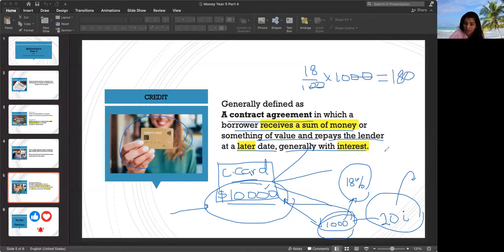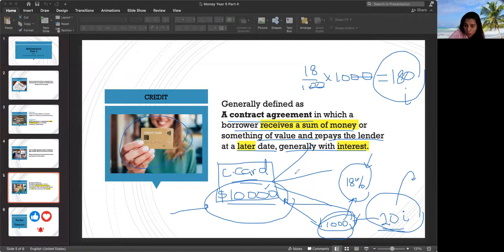So you bought something for 1,000, but your interest free period was only for 20 days. After that, the bank would charge you 18%, which means now you have to pay the bank an extra 180 ringgit as interest. Welcome to the world of credits and credit cards.